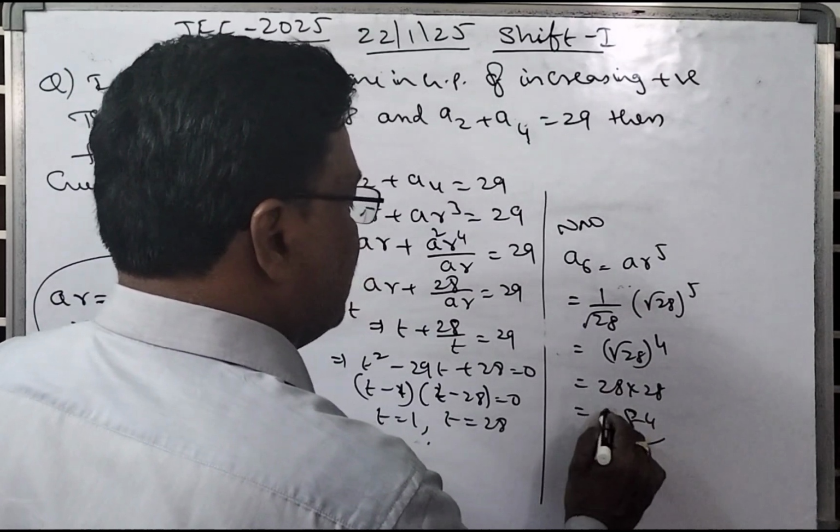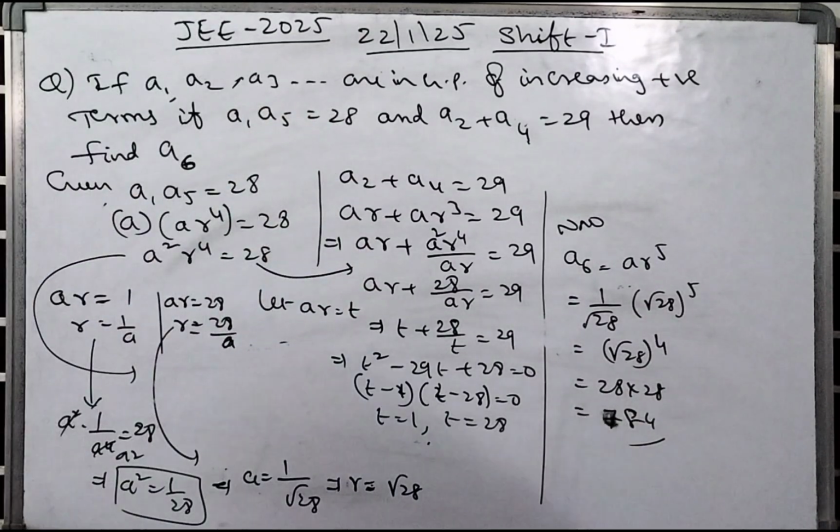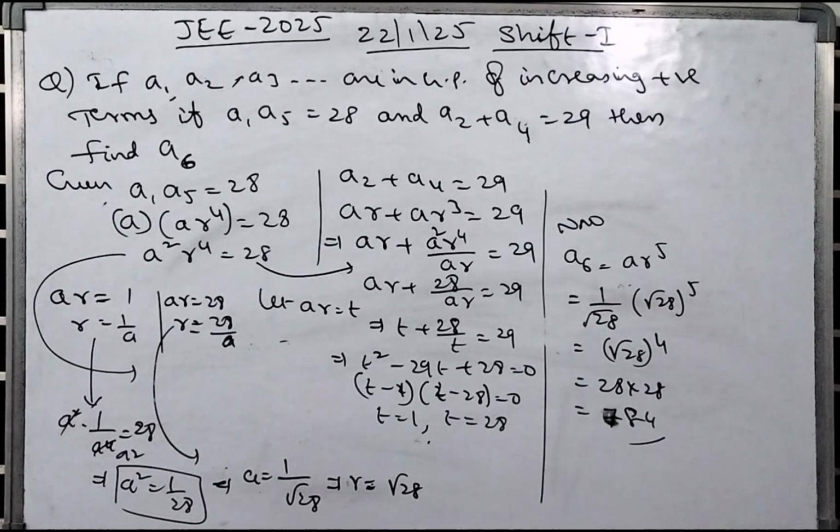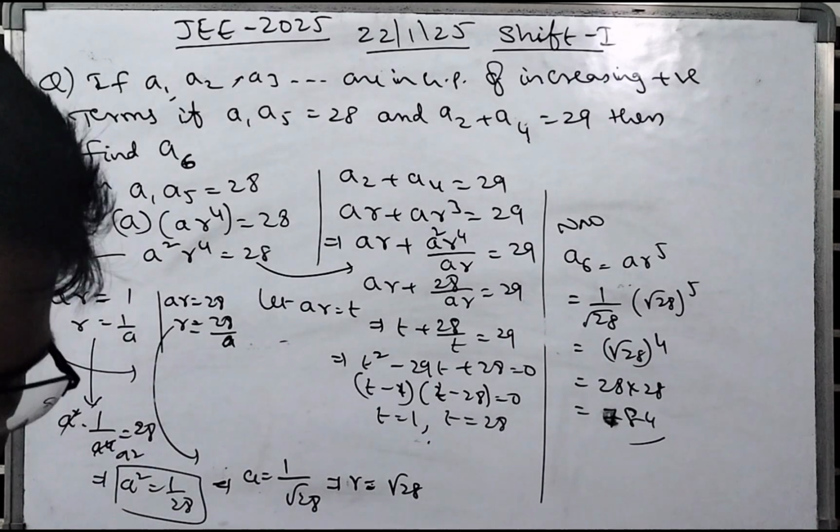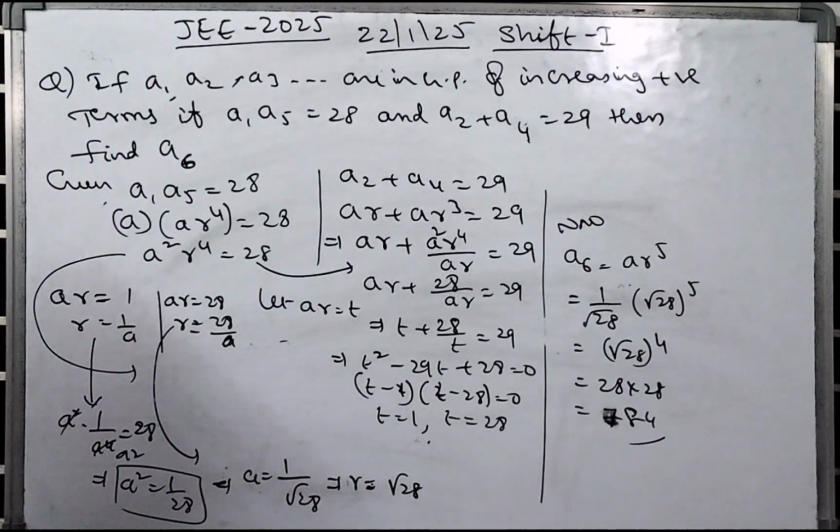Sorry, 784. Let us see whether this option is there or not. 784. Memory based questions, that's why we are getting some problem. Okay, no problem. 784 option is there. That's why this is the correct answer. This is the solution for this problem.